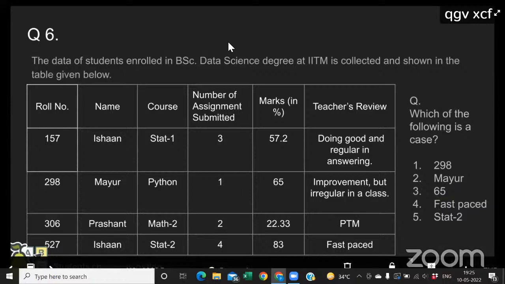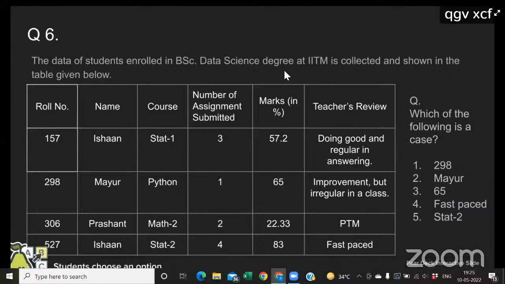And if you are making some assumptions and then predictions for a larger set of data by seeing this sample data, then it becomes the inferential type. If you are drawing a conclusion for the population on behalf of sample data, we are actually concluding something with the help of probability.